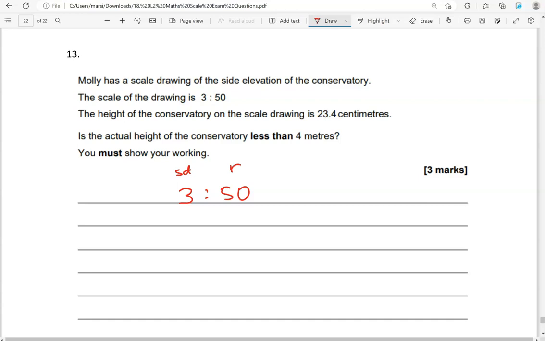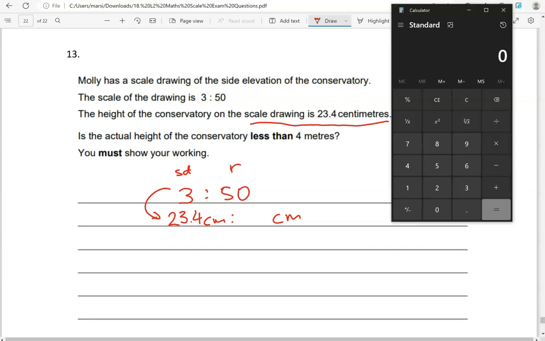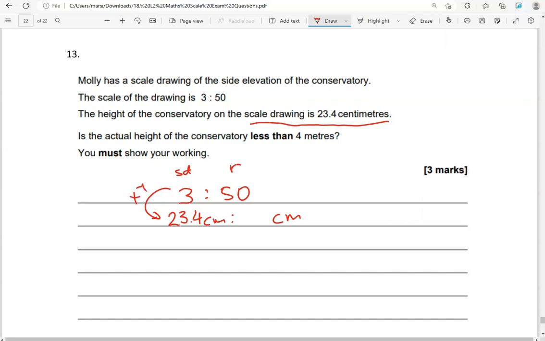We've got the height of the conservatory on the scale drawing being 23.4 centimeters. So under scale drawing we'll put 23.4 centimeters. So how do we get from 3 to 23.4? So we'll do 23.4 divided by 3, which is 7.8.